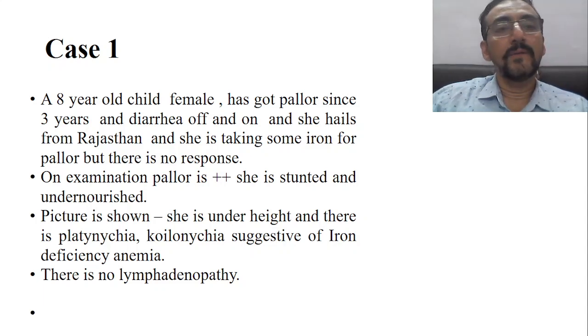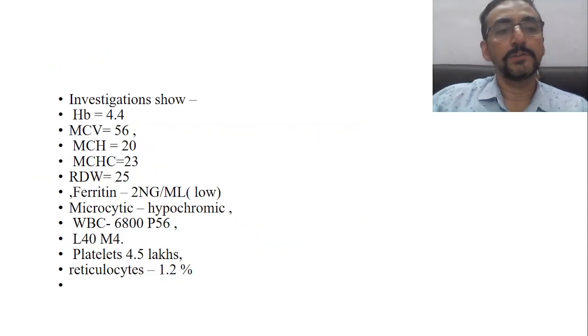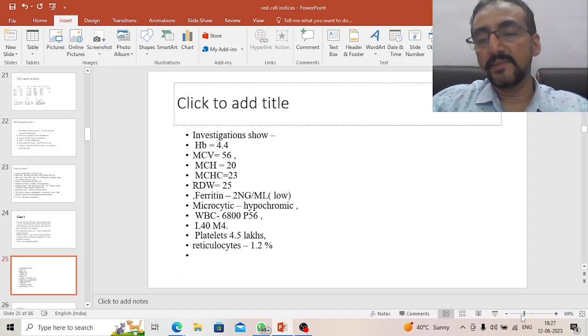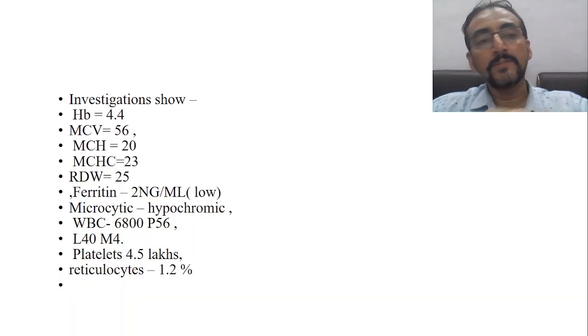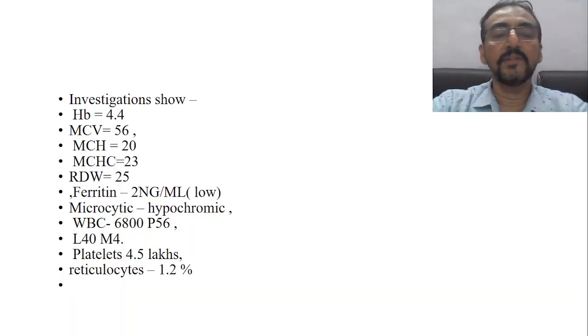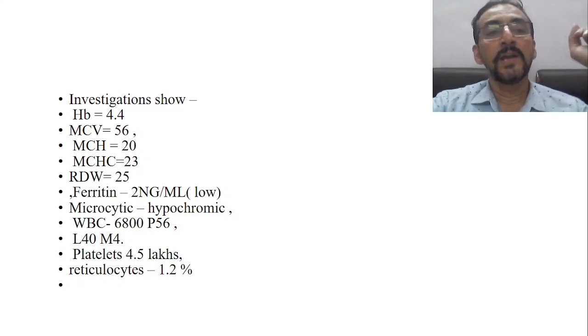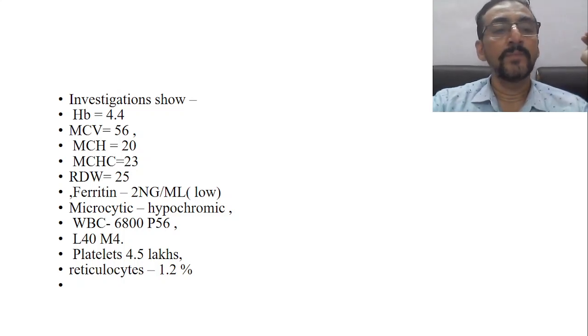Okay, now we will look into the CBC report. See, this is a CBC report of that particular patient. Now tell me what's there in this report. Investigation shows HB is 4.4, MCV is 56, MCH is 20, MCHC is 23, RDW is 25. Then ferritin is 2 ng per ml, low.